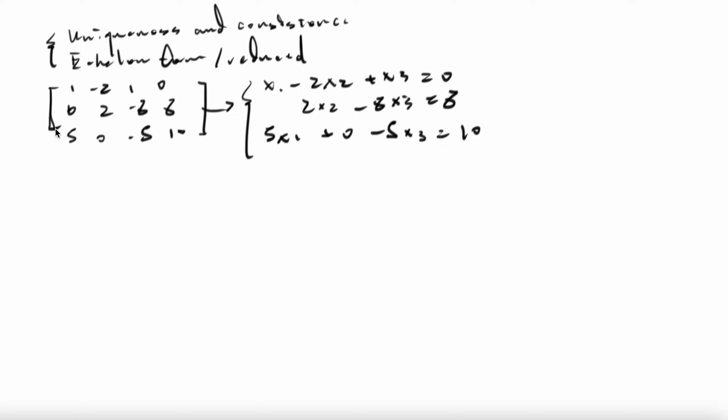So basically, you have to start with one equation here. This is the first row, this is the second row, and this is the third row.